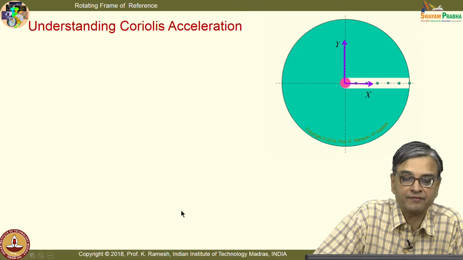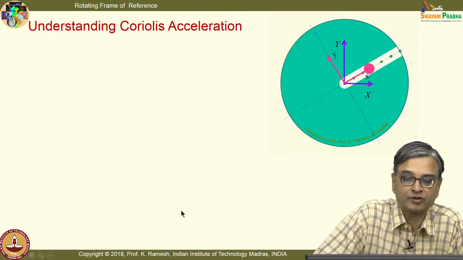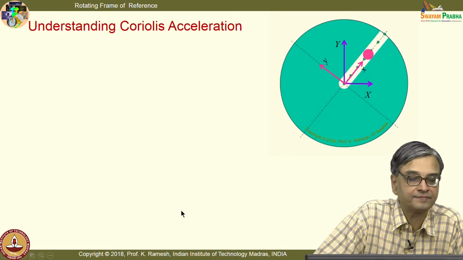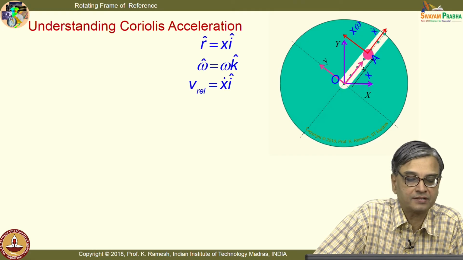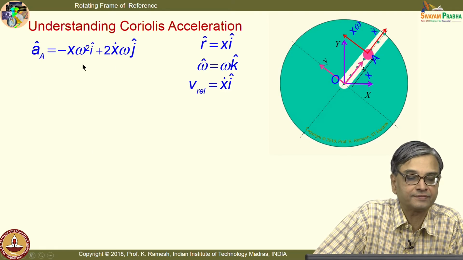And again the particle is rotating, so you get an idea of this. What we are going to look at is, I have labeled them as A and O, and I also have the expression for acceleration.